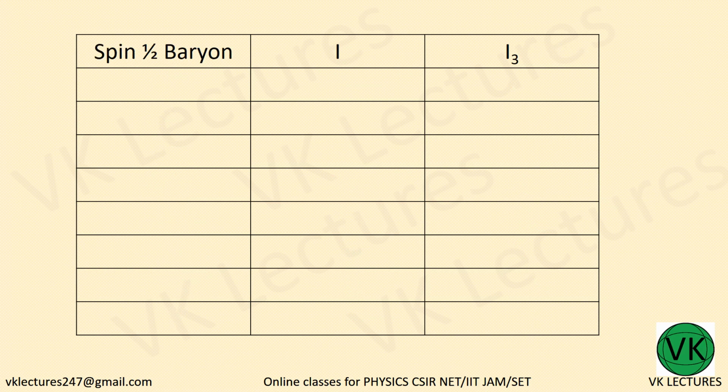For spin half baryons, we have the particles such as the proton, neutron, the lambda naught, sigma plus, sigma naught and sigma minus, and cascade naught and cascade minus. Now I, the isospin of proton and neutron, is half and half.